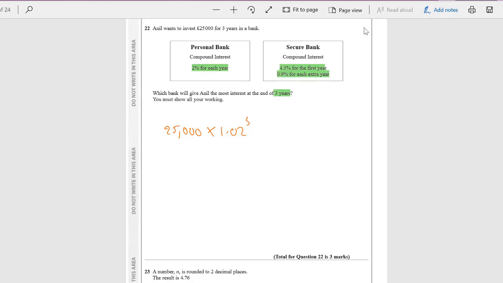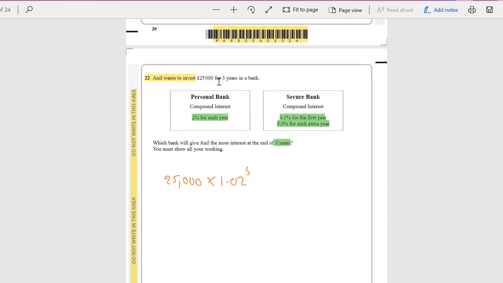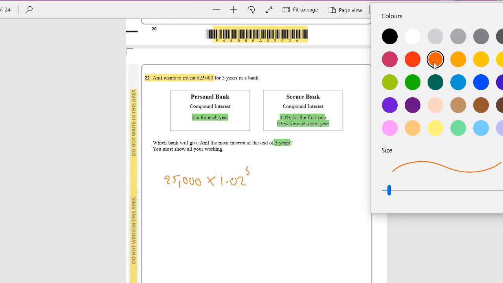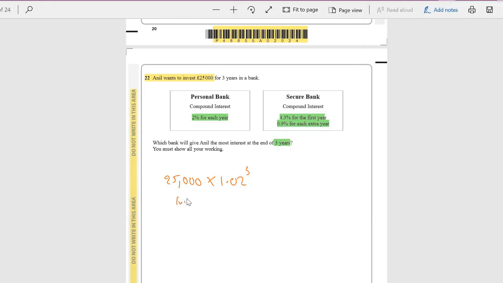Remember, the initial figure is 25,000, and we have over 3 years, so that's the initial times by 1.02, so 2% is 0.02, and then we want 3 years, so to the power of 3.